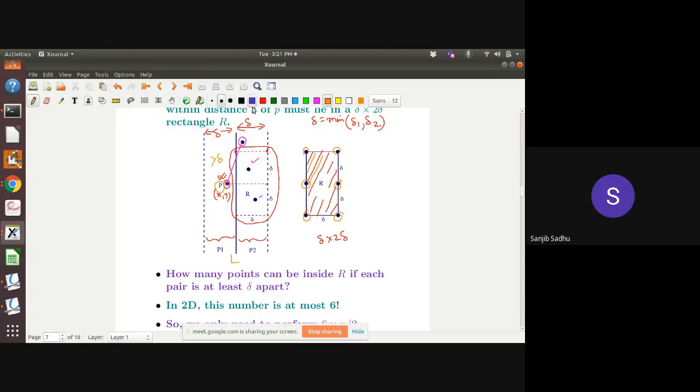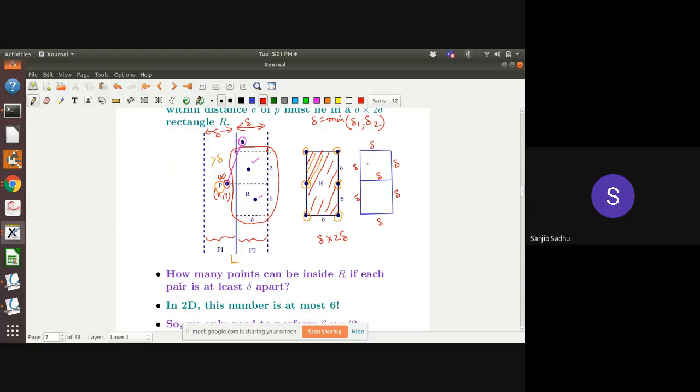If anybody thinks, suppose you are thinking that there may be more points, say like this. Suppose I am drawing this. So this is delta. All these sides are of length delta. Fine.